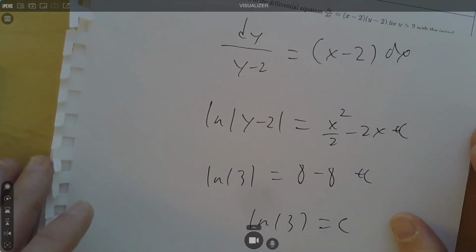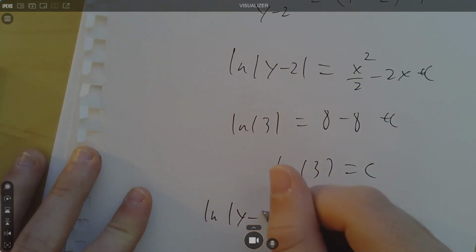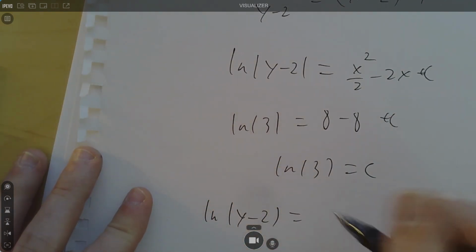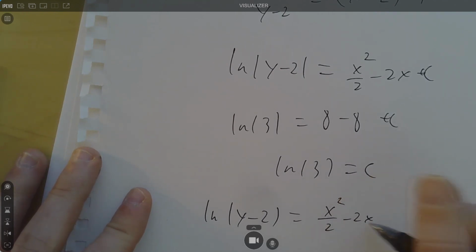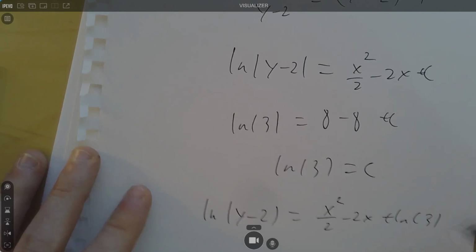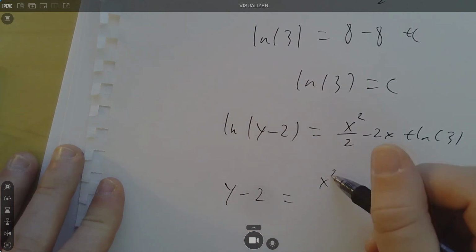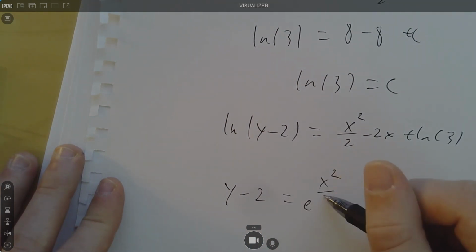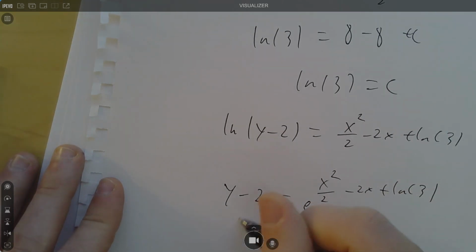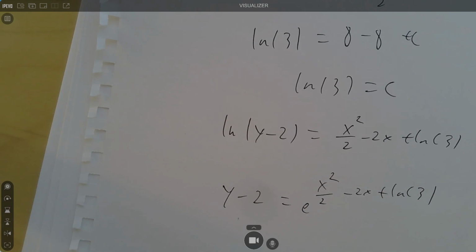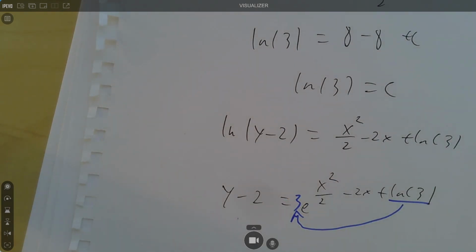You plug it back in, and we're going to get ln y minus 2 equals x squared over 2 minus 2x plus ln 3. You're going to exponentiate that. You're going to get y minus 2 equals e to the x squared over 2 minus 2x plus ln 3, which, reminder of what I just told you, this ln 3 can come down as a 3 right here.